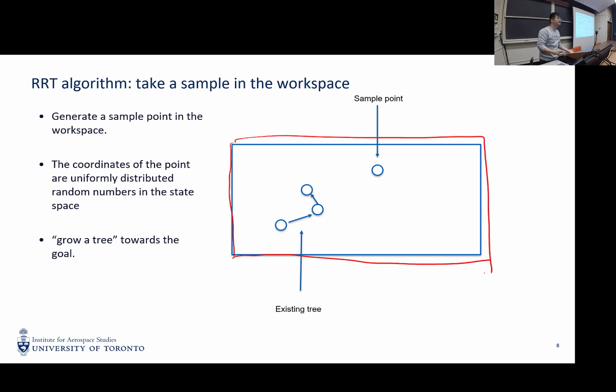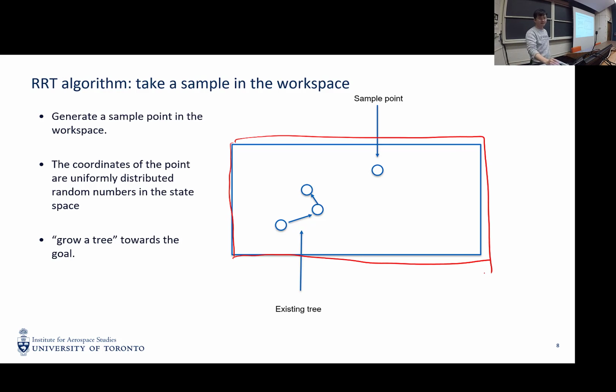To simplify the method, we usually use a rectangular map or circular map. By taking a sample, I mean that we generate uniformly distributed random points and use those random numbers as the x and y axis, or z axis, of the sample point.